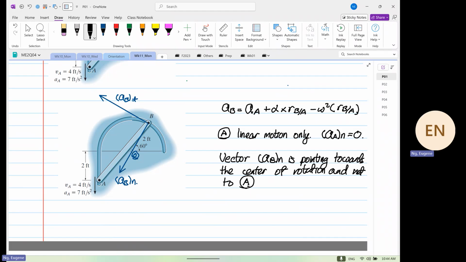I assumed it was pointing towards point A, and it's not. It's rotating about the center of curvature, the center of the radius of curvature.